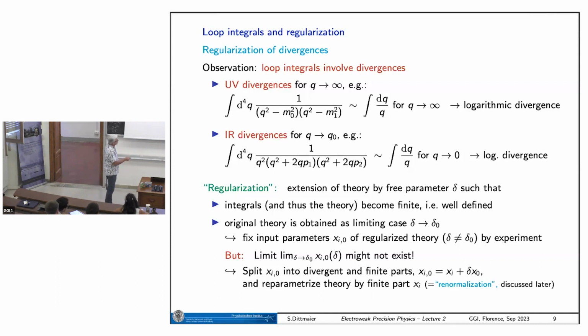One that approaches a value that makes sense, plus the rest that contains the infinity. And we have to shift this infinite part to some place where it doesn't matter for physics anymore. And this is the step of renormalization. We need a reparametrization of the theory in such a way that I get relations between different quantities that are measurable, that are finite. Okay, I come to this hopefully soon.